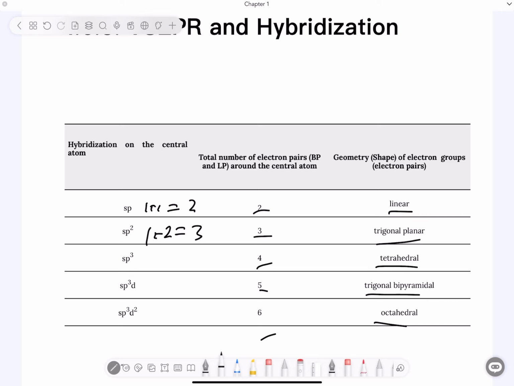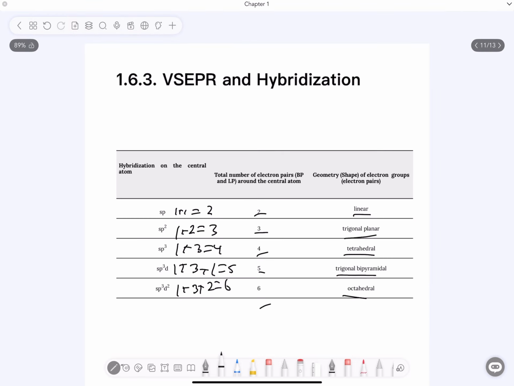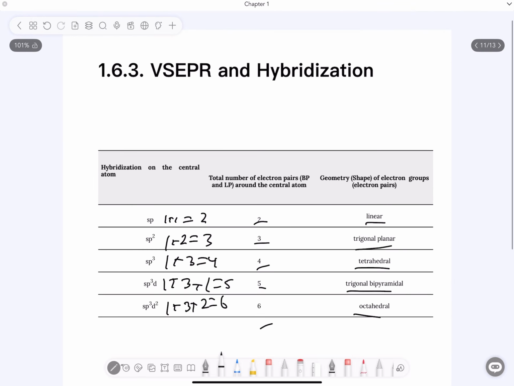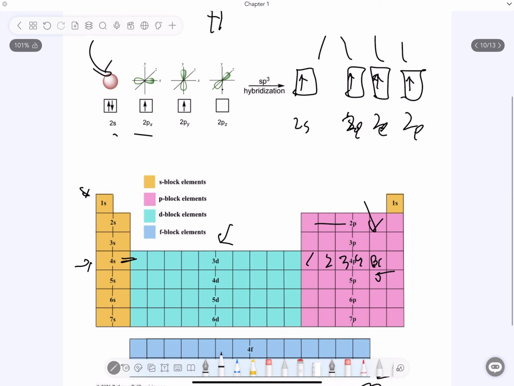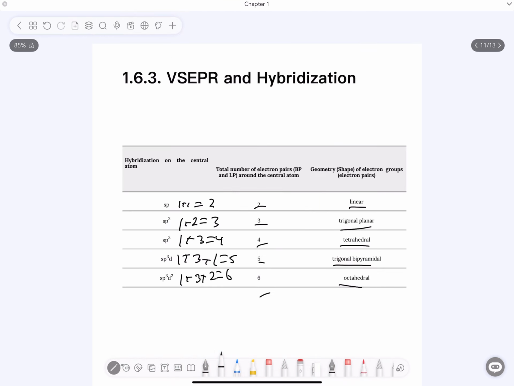That's 3 steric number. And then 1 plus 3 equals 4. And then 1 plus 3 plus 1 equals 5. 1 plus 3 plus 2 equals 6. That's how I like to figure out how many bonds there are, or lone pairs, on the central atom. And to know sp3, I like to think of this, like this just starts at 3. So that's how I like to think of it.